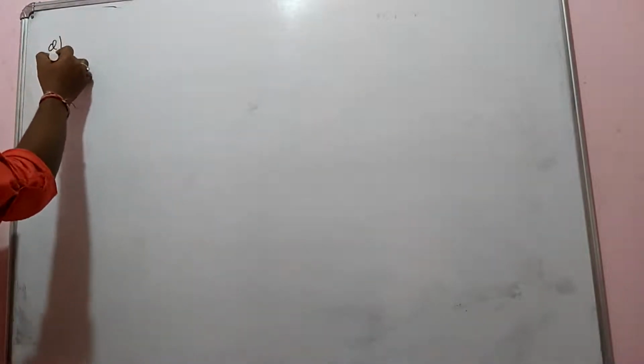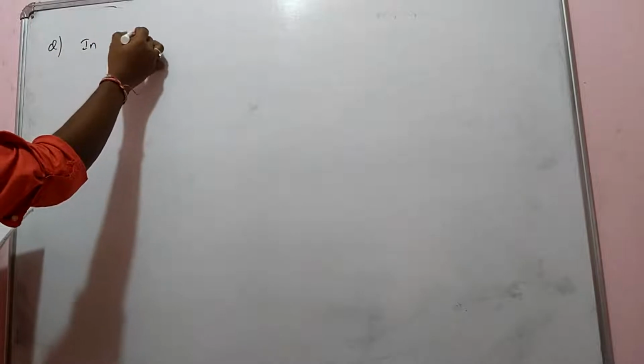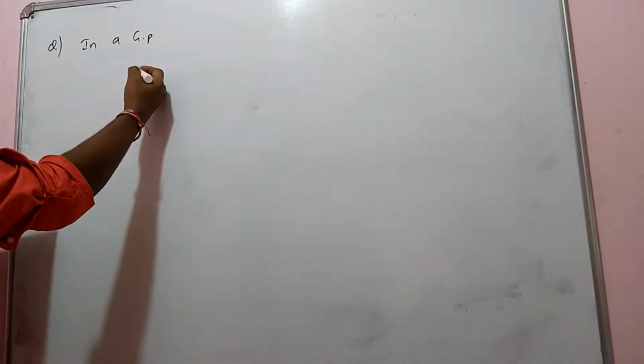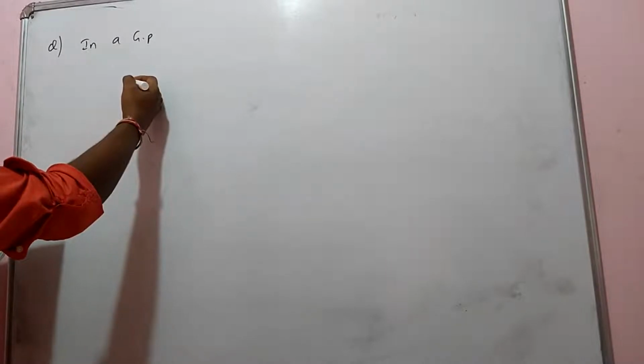So let us start the questions now. In a GP, the pth term, qth term, and rth term are x, y, z.